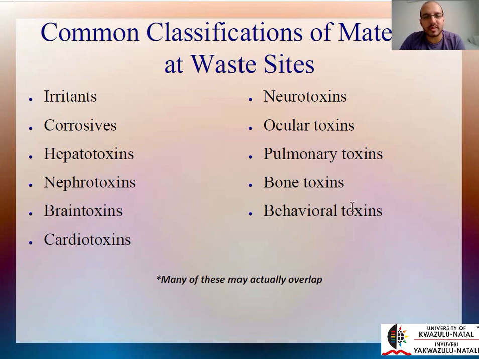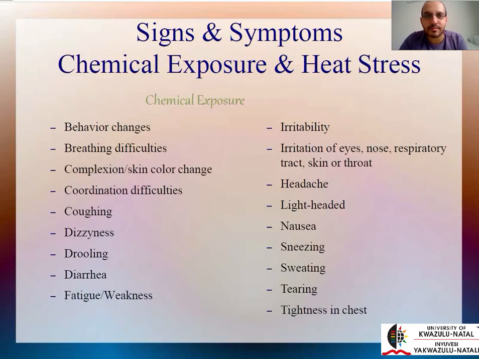Now, many of these types of toxins, often many chemicals, are not simply toxic to one part of the body. They can contribute to a number of adverse effects and be categorized as follows as well. Now, typical signs and symptoms of a person being exposed to certain chemicals as well as heat include the following.